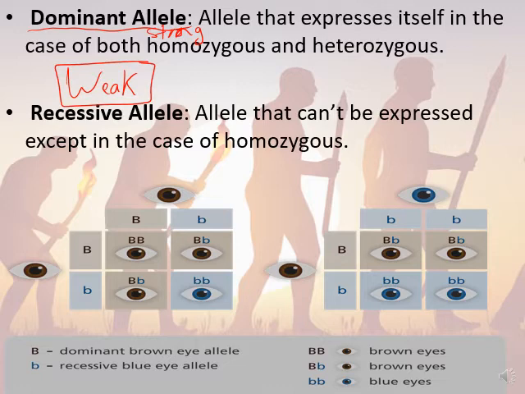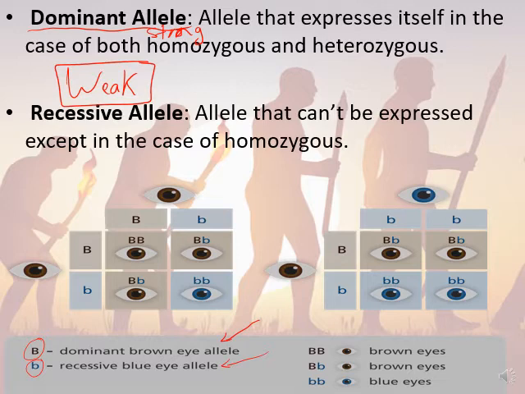Let's have an example here about the color of the eyes. Here they gave us that brown is dominant over the blue eye allele, which is recessive. So the dominant is usually symbolized by a capital letter, while the recessive is usually symbolized by a small letter. Let's see here.